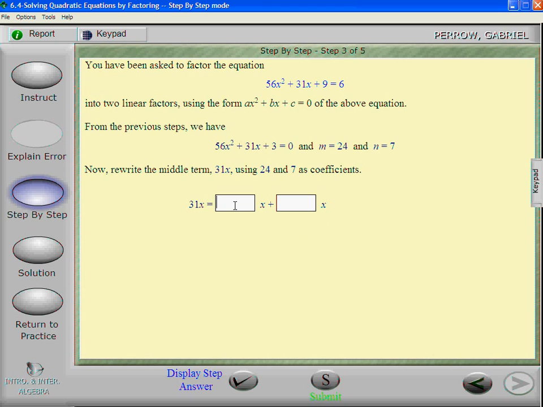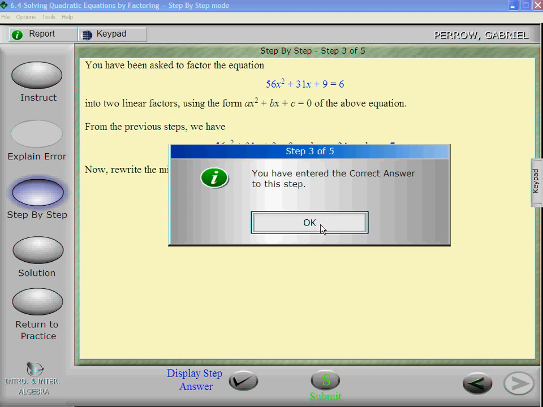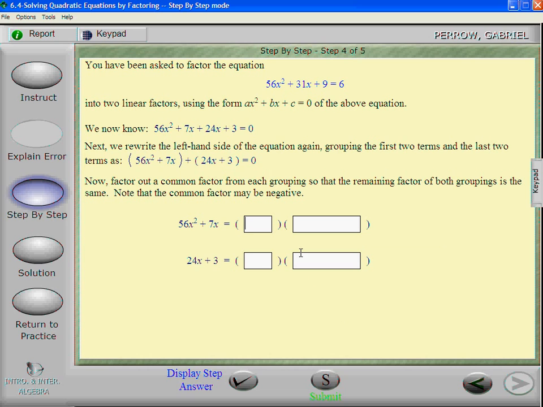Alright, so they're saying now rewrite the middle term 31x with those numbers as coefficients in front of the x values. Added up, we'll get 24x plus 7x. Alright, so factor by grouping. If I took 56x squared plus 7x, factored out a greatest common factor, I'd have 7x.